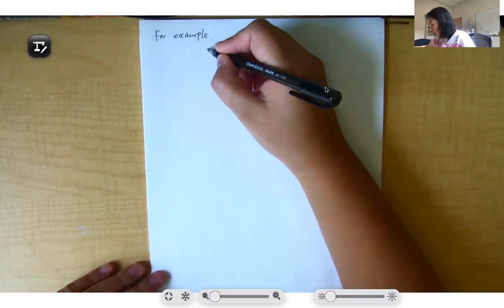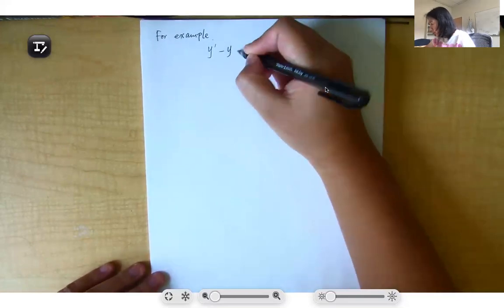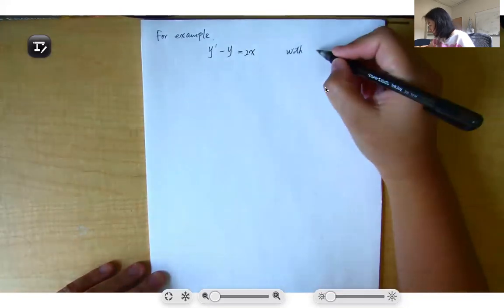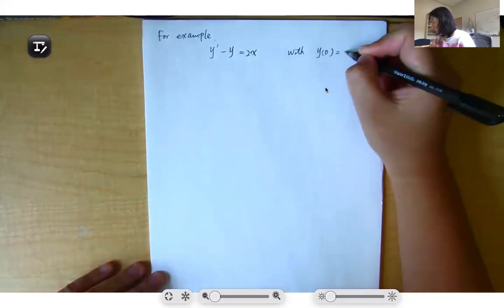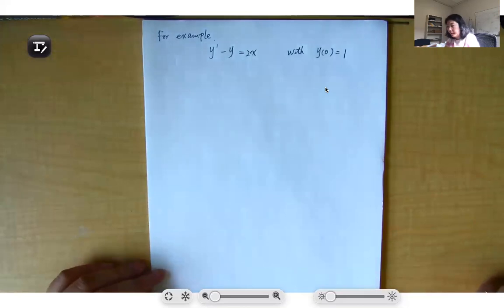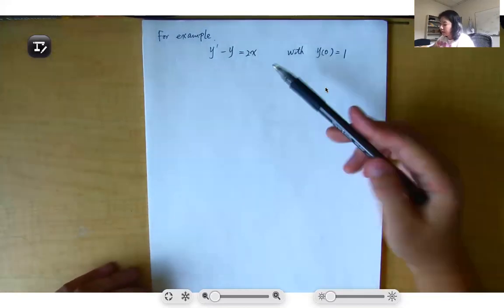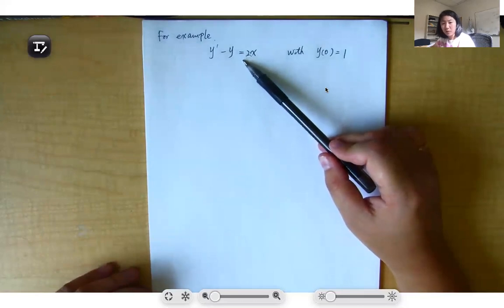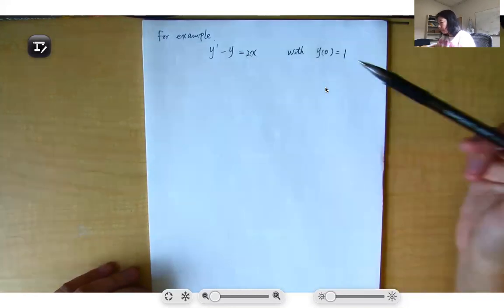The example will be y prime minus y equals 2x with the initial value y(0) equals 1. You know that this is a first order linear ODE, so you can also get the exact solution for this equation.